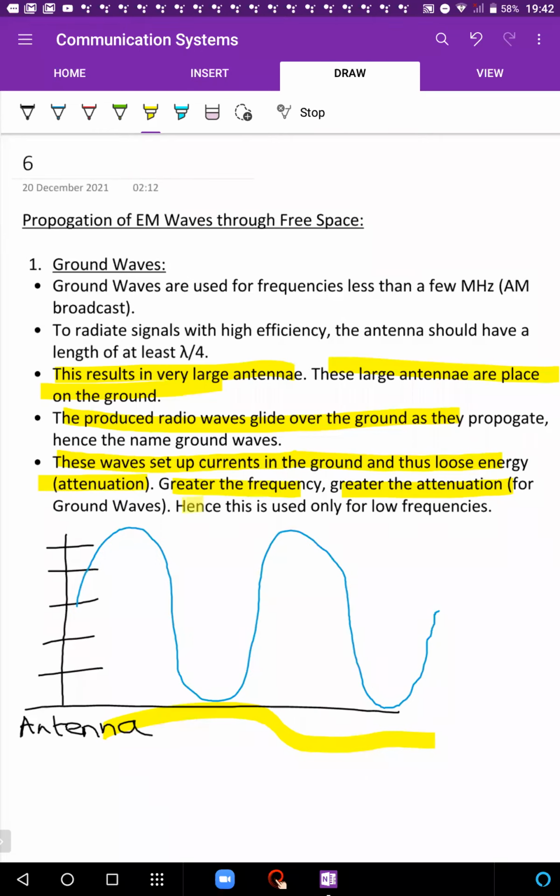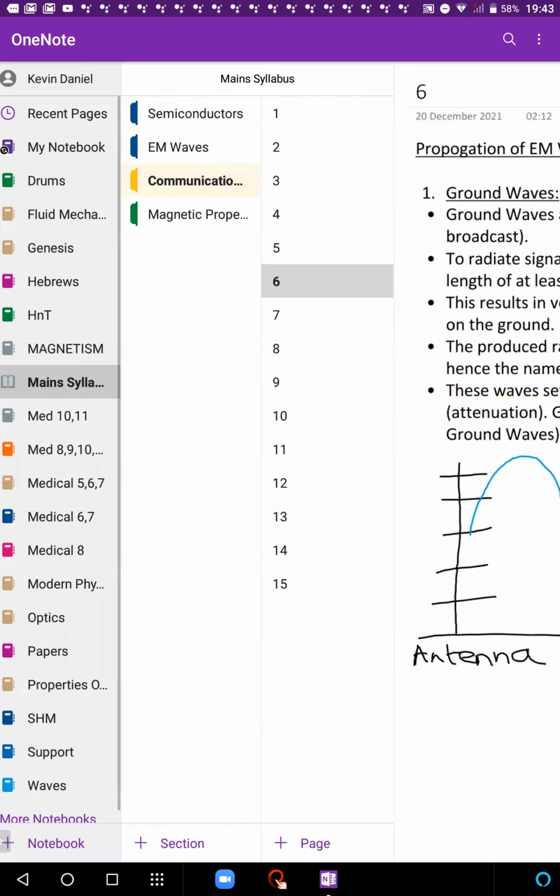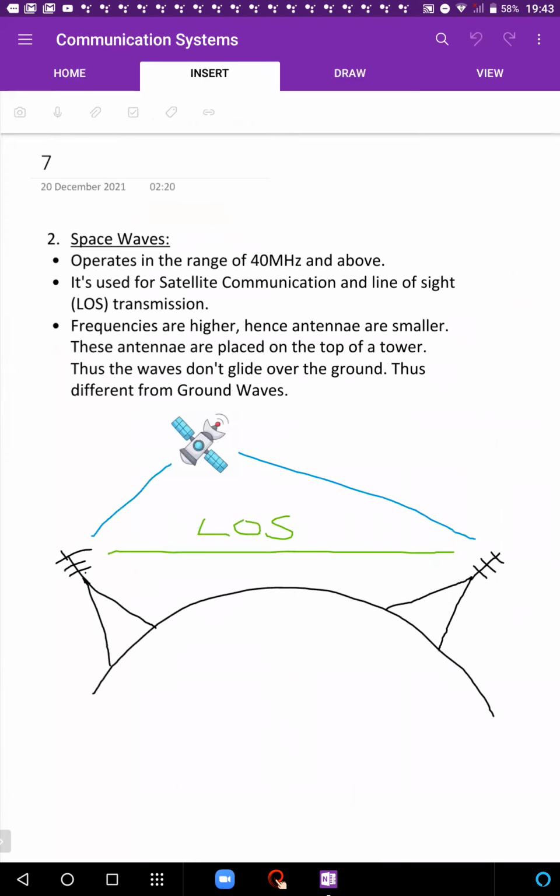Hence, this is used exclusively for low frequencies. So ground waves: low frequencies, less than a few megahertz, used exclusively for AM broadcast. The antenna is big, and the antenna itself is on the ground. Simple. The next one is space waves.